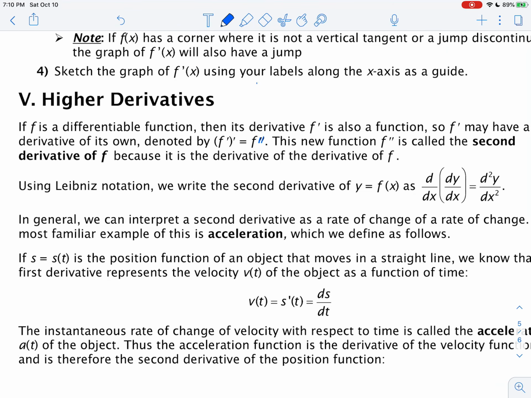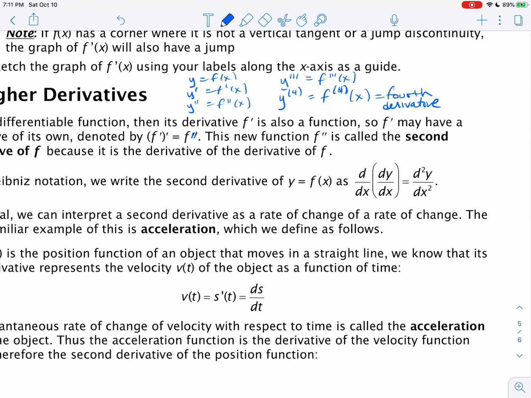If we did y equal to f of x, y prime is going to be your first derivative, y double prime will be your second derivative, y triple prime would be your third derivative, and then after that we start putting our numbers in parentheses so that we can reserve f^4 to be f of x to the 4th power. But if you see f with 4 in parentheses, that's understood to be the 4th derivative. Okay.